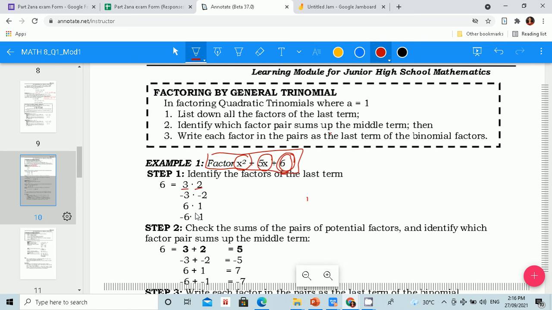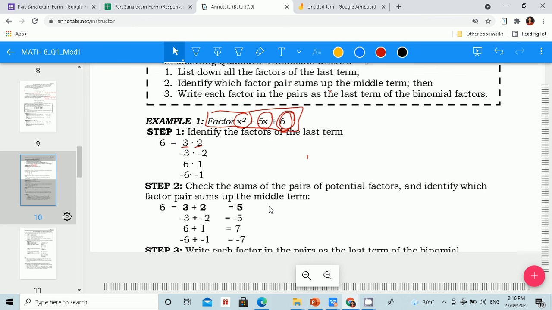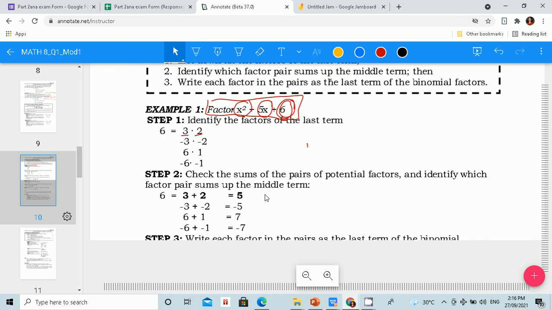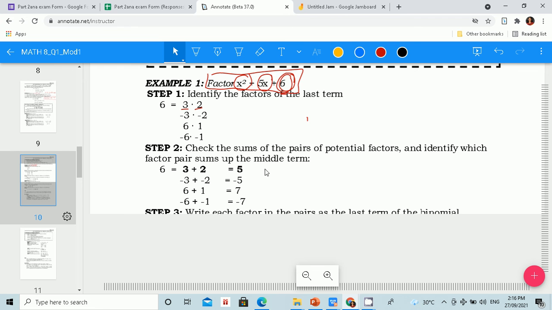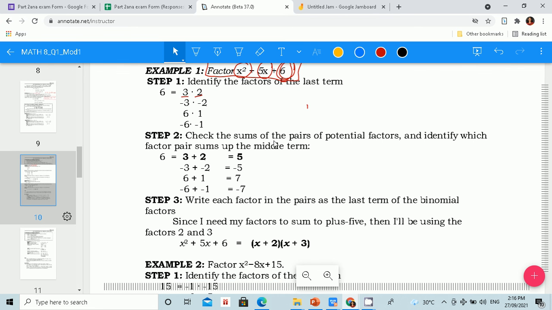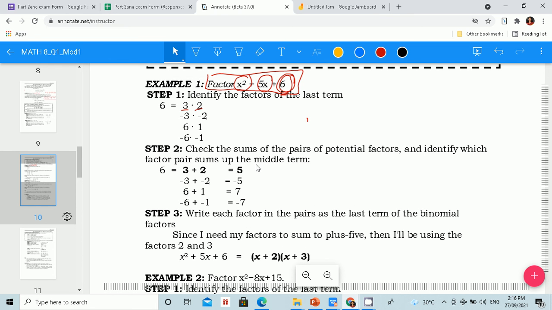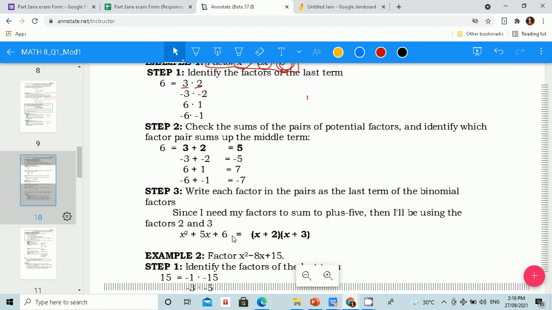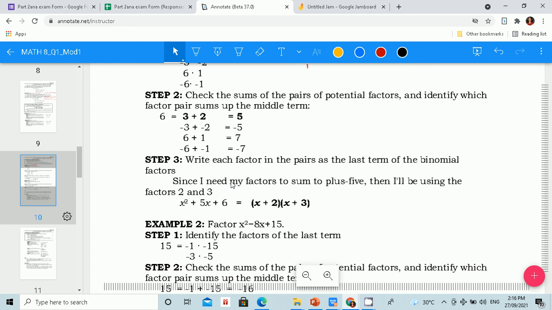Then we check the sum of the pairs of factors and identify which factor pair sums up to the middle term. We check the sum: 3 plus 2 is 5. Since I need my factors to sum to plus 5, I'll be using the factors 2 and 3.